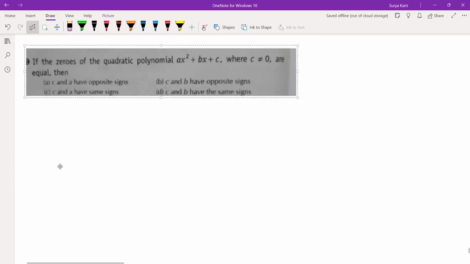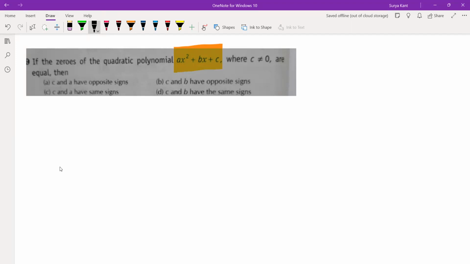This is a question: if the zeros of the quadratic polynomial are equal, if the zeros of the polynomial are equal, it means what? Who can solve? Who can tell me the answer for this? If the zeros of the quadratic polynomial are equal, zeros are equal means b square minus 4ac is equal to what?